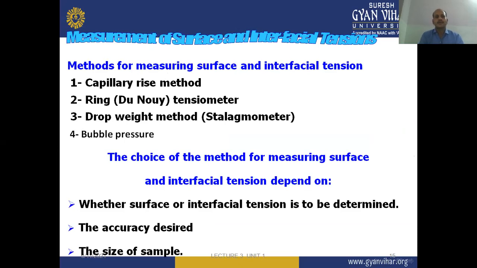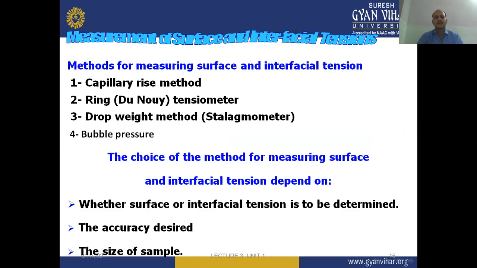Now, the next part of this lecture is the measurement of superficial and interfacial tension. Although there are so many methods available in laboratory as well as in industry for measurement or determination of superficial and interfacial tension. So, methods for measurement of surface and interfacial tensions are as follows.